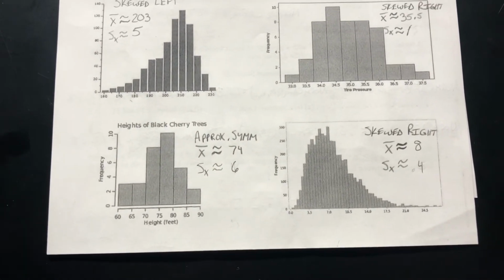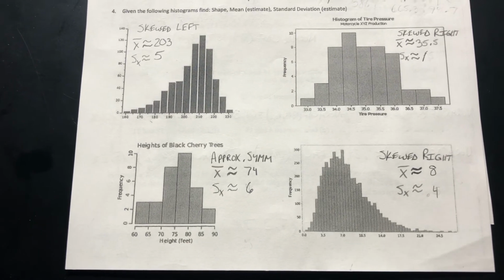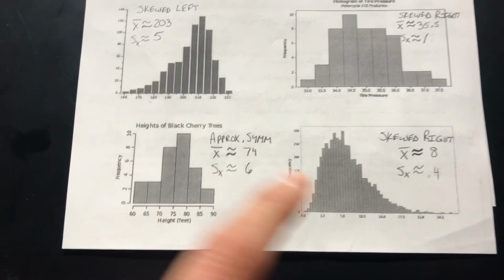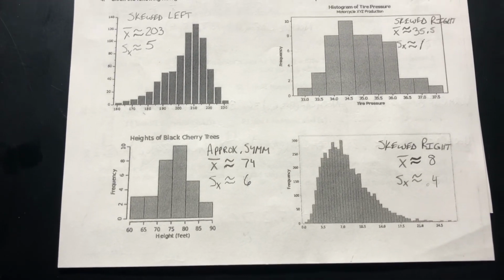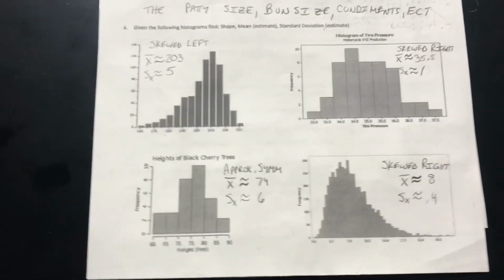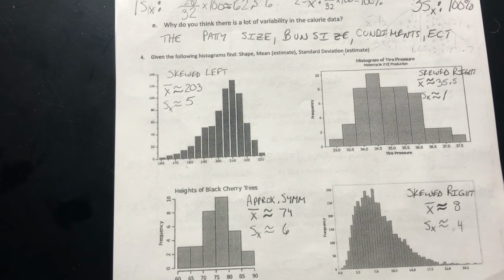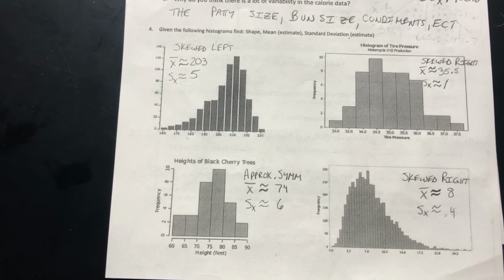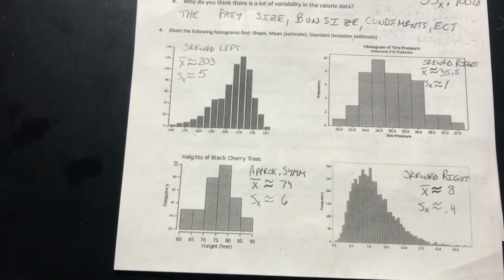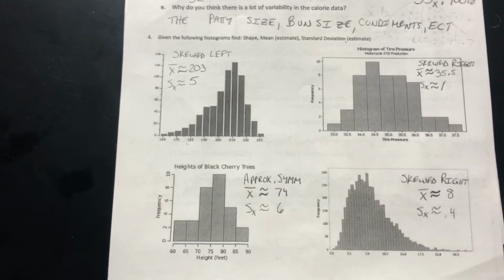So therefore, the middle is being pulled a little bit to about 8, in this area right here, and the standard deviation is about 4. Now, once again, these values are approximates. They're not exact. So if you're off by a few, or 1 or 2, that is okay. On a state test, they probably would give you a question where it would tell you, what do you think it could be? And you'd have to get the closest value. Thank you.